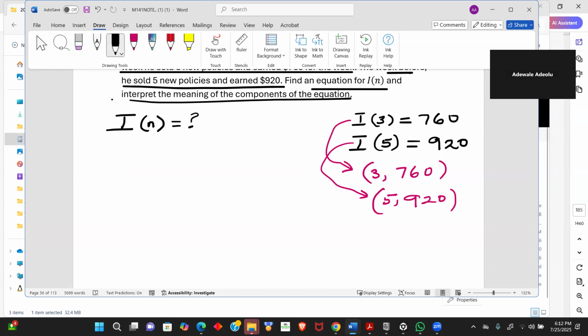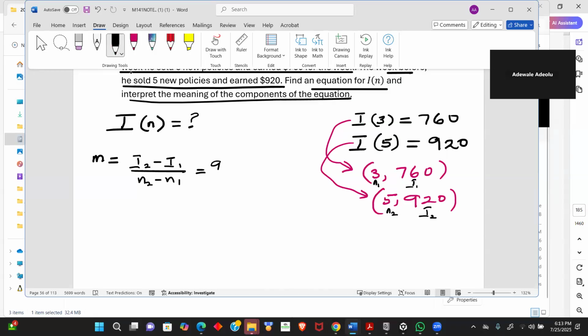So let us find the slope. Can I say m equals to, well, I can label this X1, or say, where is X coming from? No worries. I can say this is N1, this is income 1, this is N2, this is income 2. So my slope will be I2 minus I1 divided by N2 minus N1.